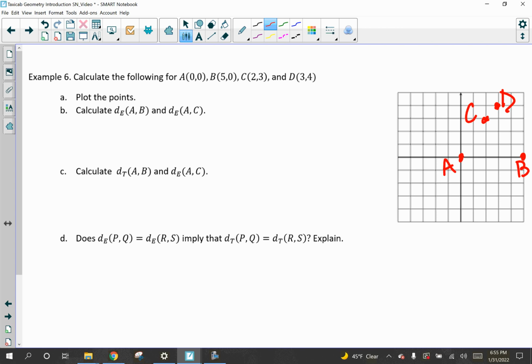Okay, calculate the distance between A and B, the Euclidean distance for both of these. These are Euclidean now, so that's an important part to recognize.